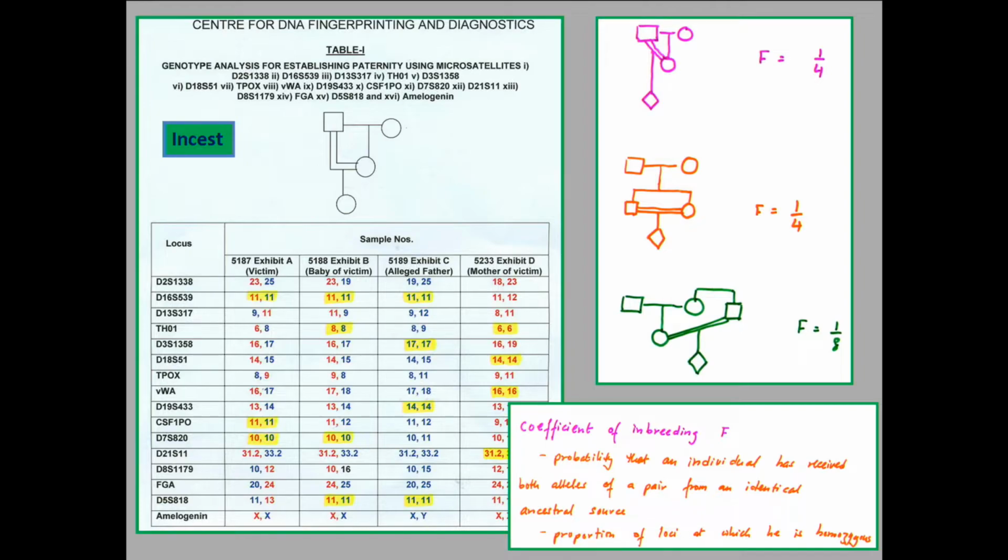He can either pass on the allele he's passed on here to his own daughter, or he can pass on the other one. And then she has 2 alleles, and there's a probability half that she'll pass on the same allele down to this individual. So the probability that the same locus can be homozygous is half times half, which is 1 by 4.